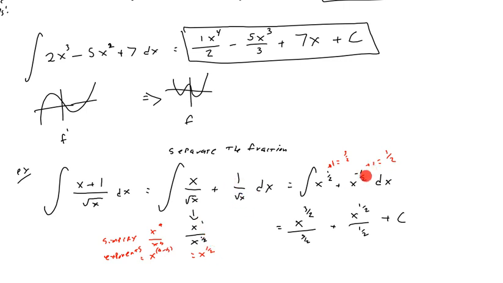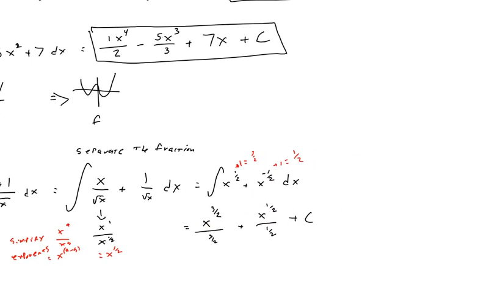So I get my equation here. And again, I want to do a little flip-a-do simplifying here. Flip-a-do that, flip-a-do that. So this becomes 2x to the 3/2 over 3 plus 2x to the 1/2, plus c. There's your answer.